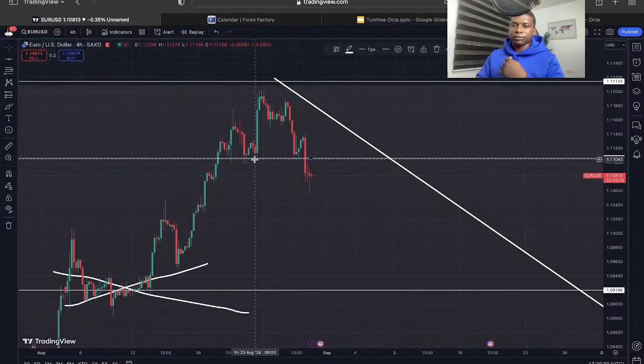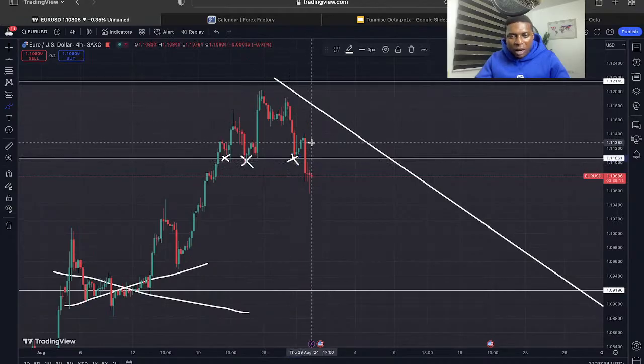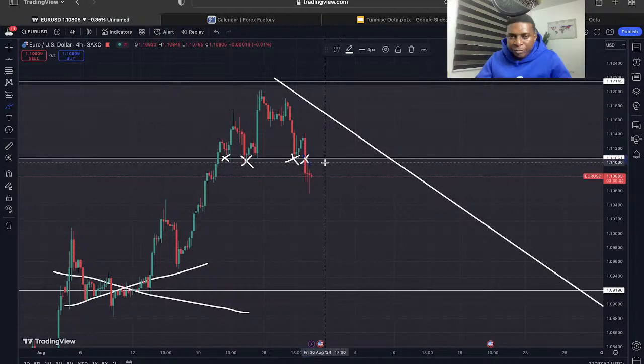How do we identify that as a key support zone? You can see that there was a touch here, price bounced back. Another touch here, price bounced back. Another touch here, price bounced back. And the fourth touch, what happened? A breakout actually happened. Now we can see that there is now a breakout of this support zone.